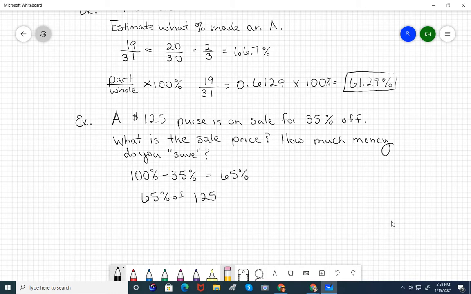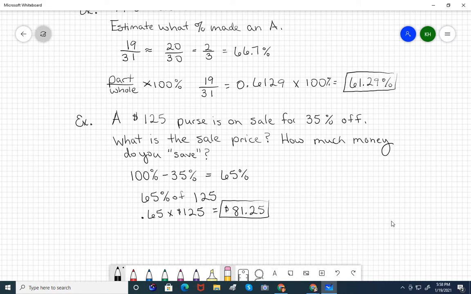I make 65% a decimal, and then I multiply on my calculator 0.65 times 125, and I'm going to have to pay $81.25 for that bag.